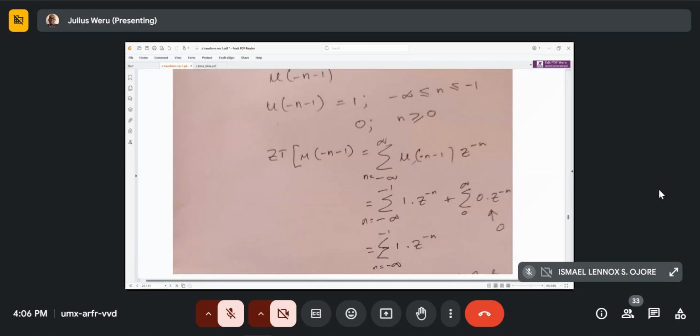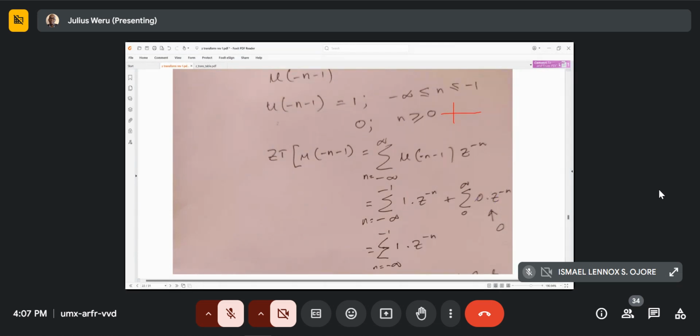Of course you can separate it into two sums: the sum from n equals minus infinity to minus 1 of 1 times z to the minus n, and the sum from 0 to infinity, which is 0, because it's a left-sided sequence and so is 0 on this side.